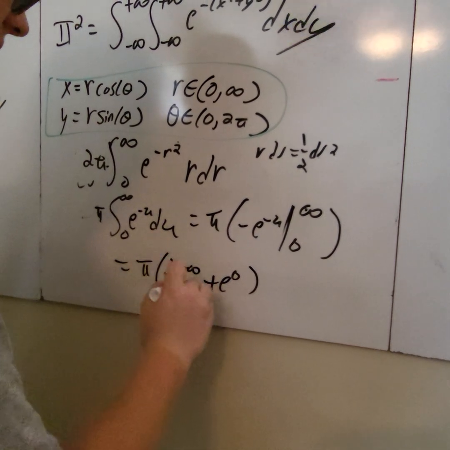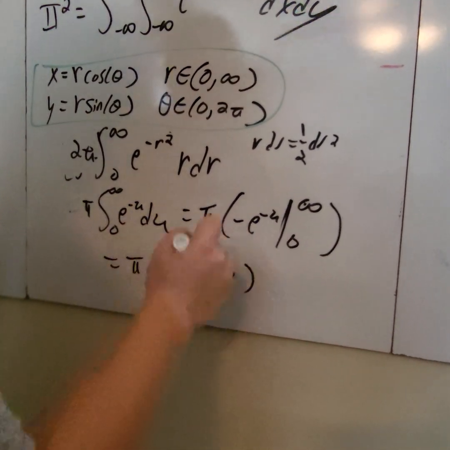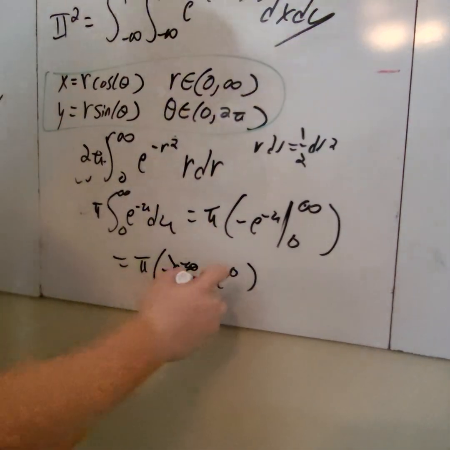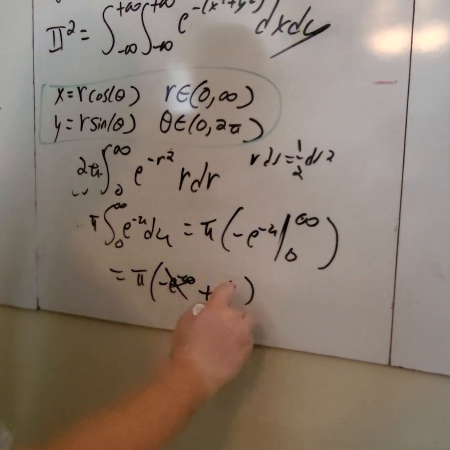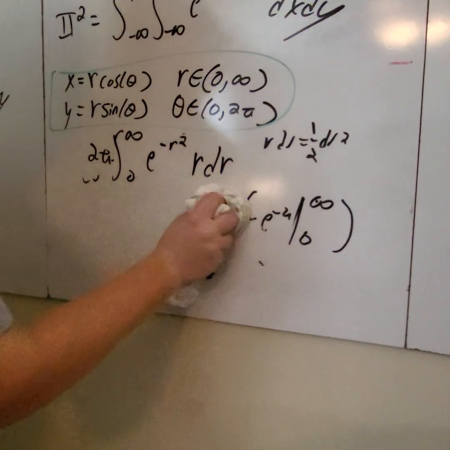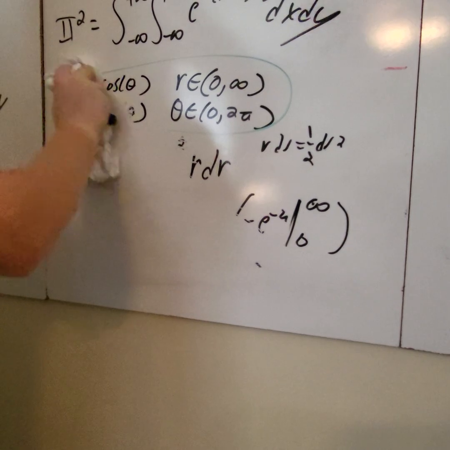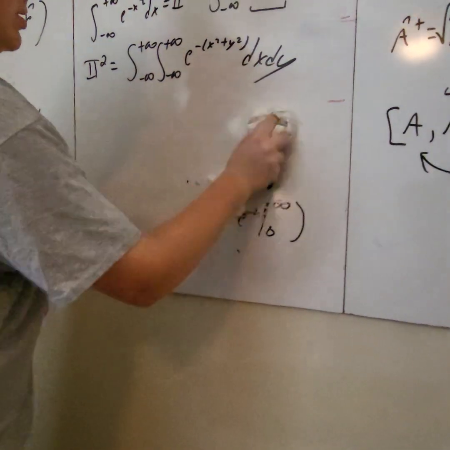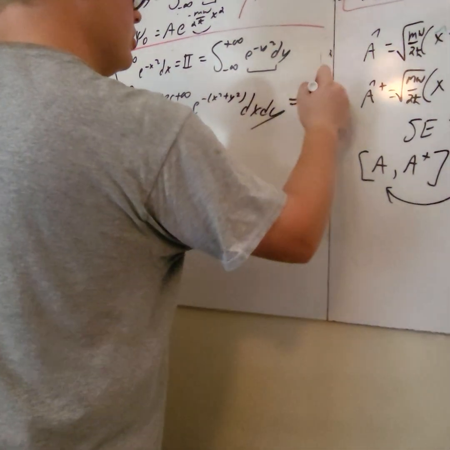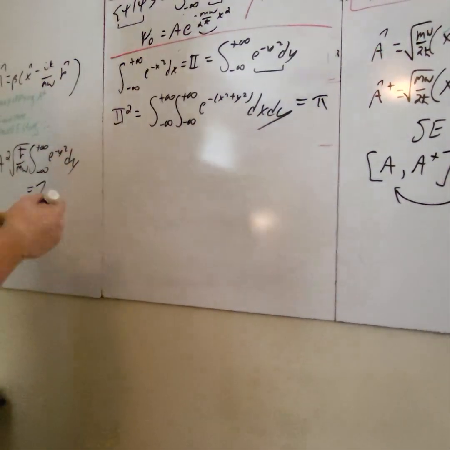As that goes to infinity, e to the power of infinity is very huge, so 1 over that is tiny, and that goes to 0, and e to the power of 0 is just 1. So that means that our whole thing is equal to pi. Our integral squared is equal to pi.